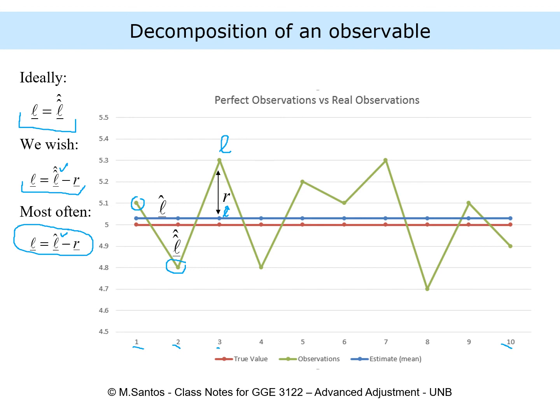That's why we define the residual as L hat minus L, to distinguish it from an error, which is L minus L hat. So this is part 1 of quality control.